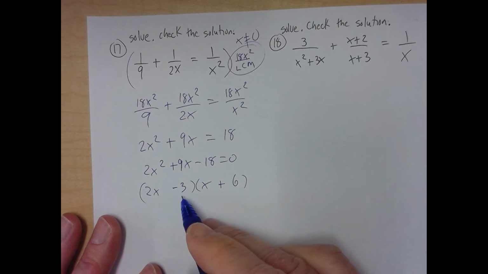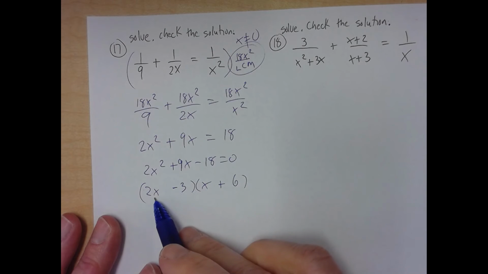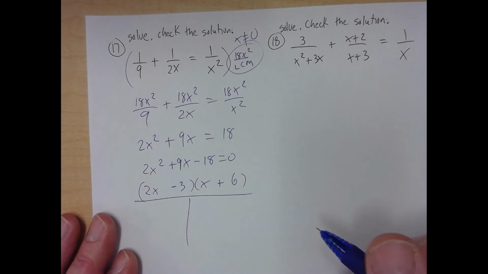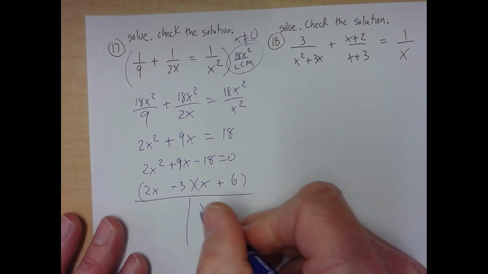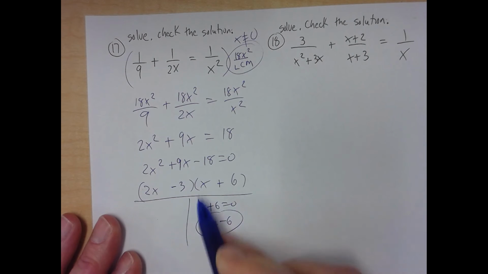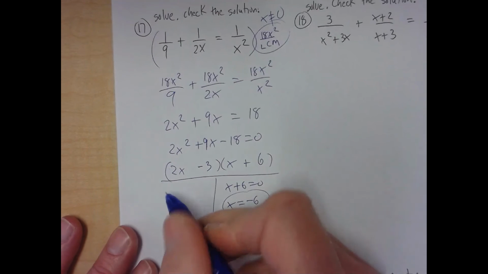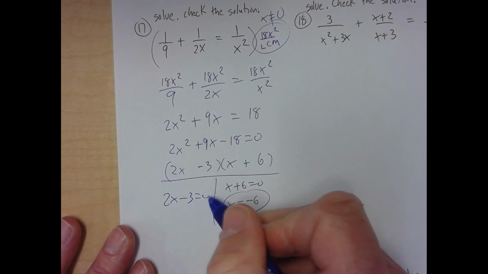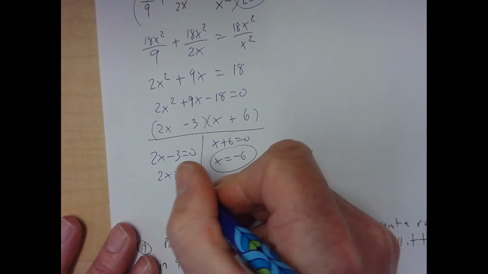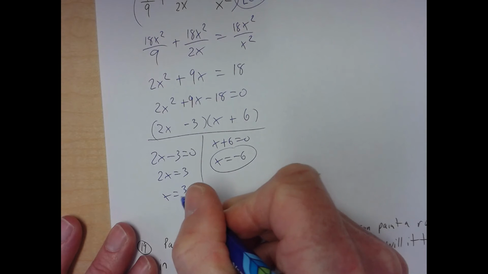So that would be negative 18, it would be 12 minus, yep, that's how it factors. Zero product property. So it's x plus 6 is equal to 0. X is negative 6, of course, because negative 6 plus 6 is 0. 2x minus 3 is equal to 0. So we're going to add the 3 over, so we get 2x is equal to 3, x is equal to 3 halves.